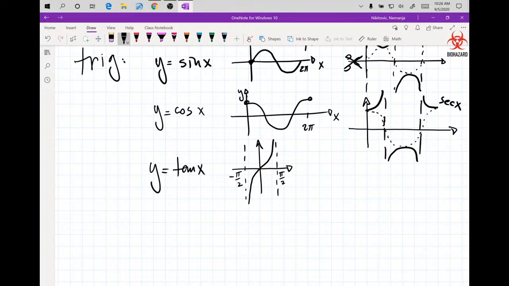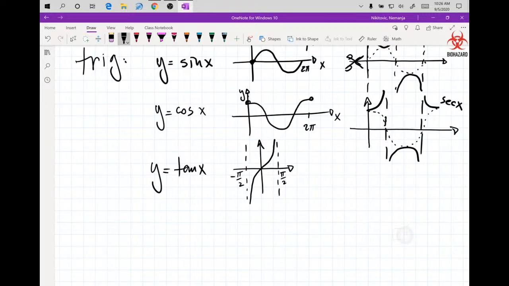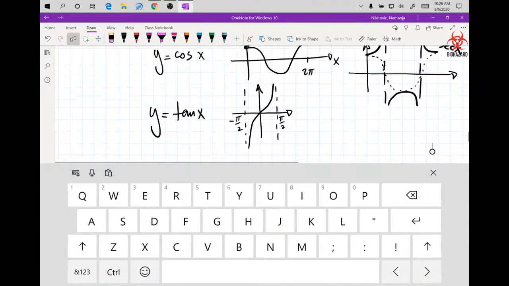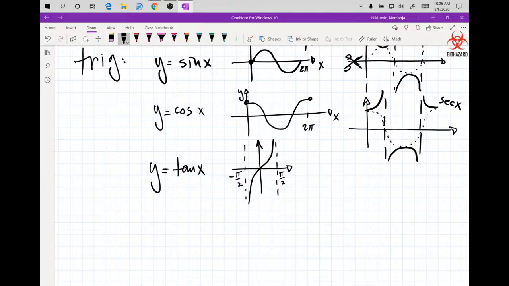And the tangent will flip as well to get the cotangent. So this guy is going to actually have an asymptote at the end, and it's going to be a flip through pi over 2.